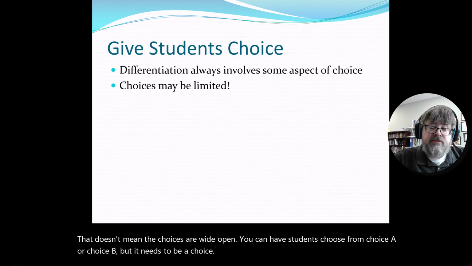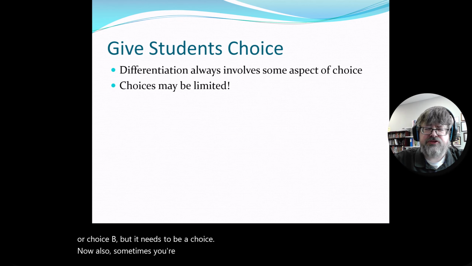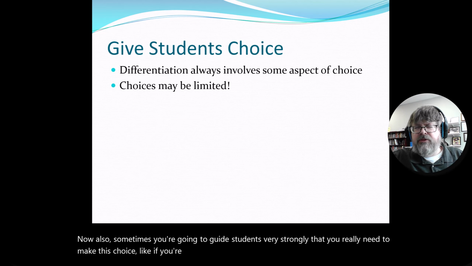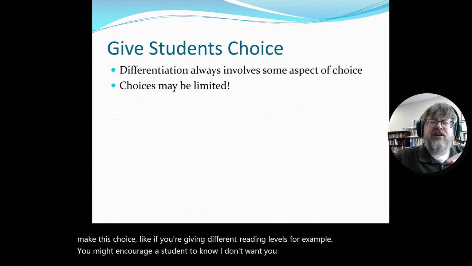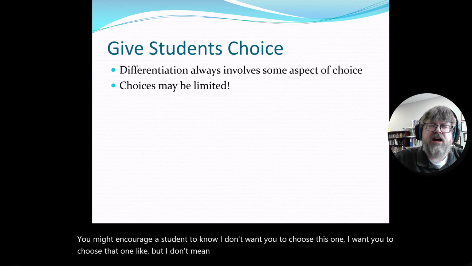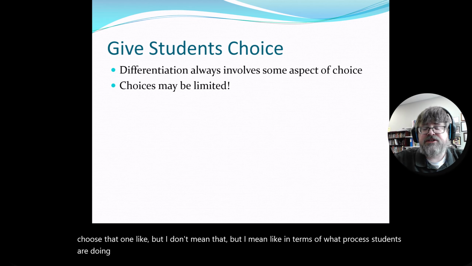Also, sometimes you're going to guide students very strongly. Like if you're giving different reading levels, for example, you might say, no, I don't want you to choose this one, I want you to choose that one. But in terms of what process students are doing and what product they're doing, there needs to be student choice.